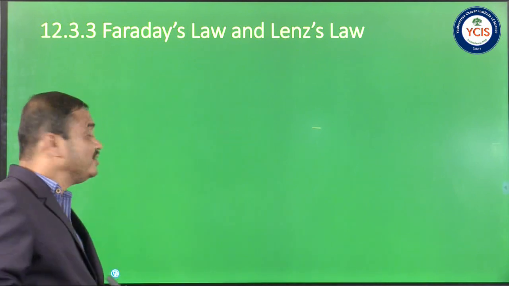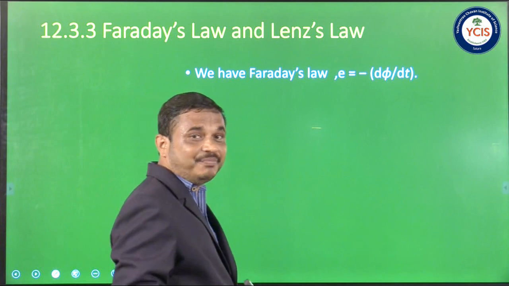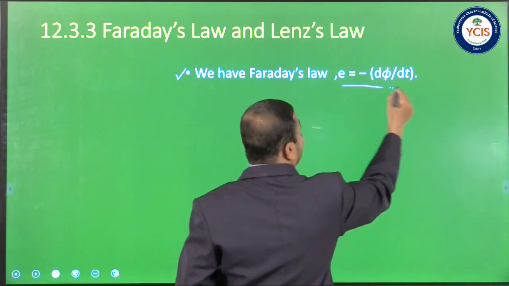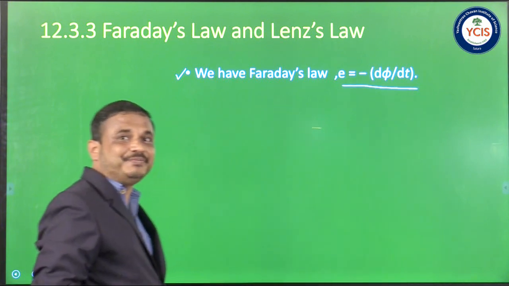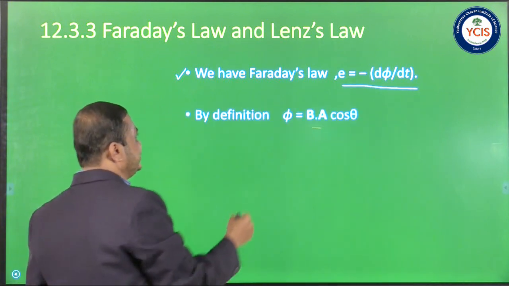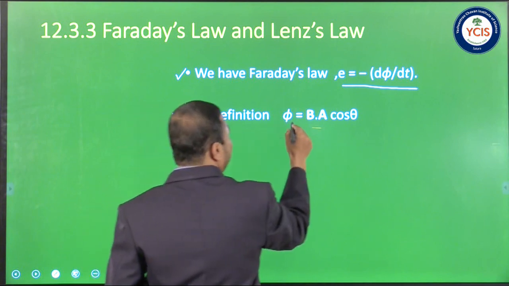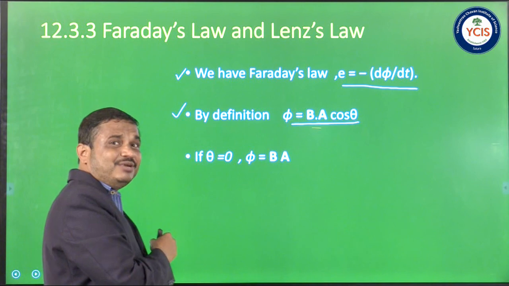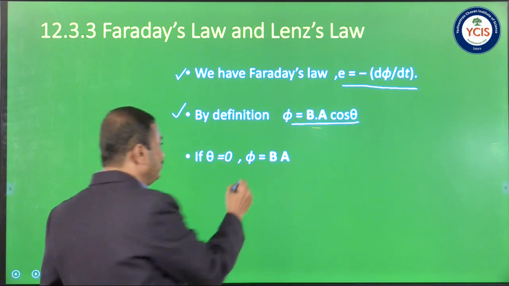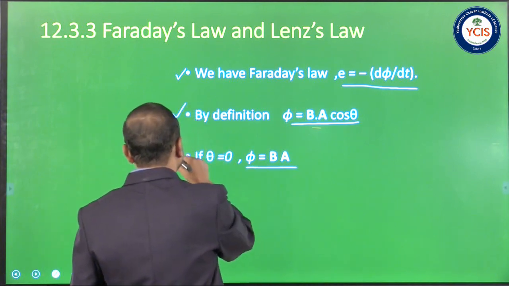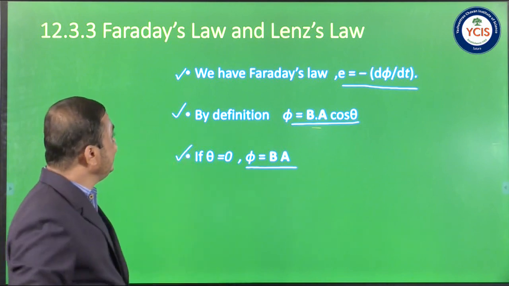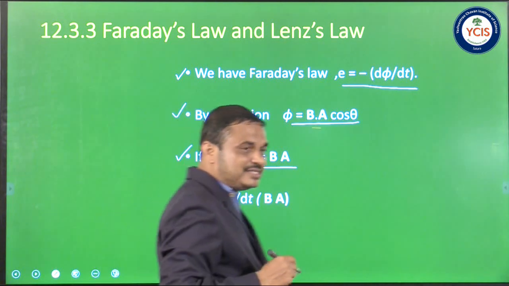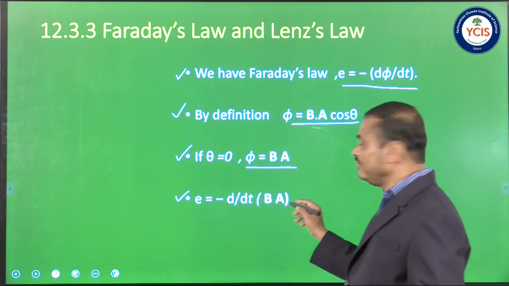So what is the connection between Faraday's law and Lenz's law? We see that in Faraday's law, E is equal to minus d phi by dt. But by definition, phi is equal to BA cos theta. If theta is equal to 0, cos theta is equal to 1, then we have phi equal to BA. Now substitute this value in equation 1, we get E is equal to minus d/dt of BA.